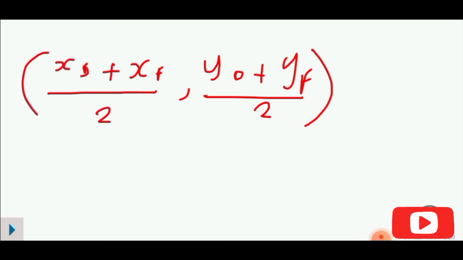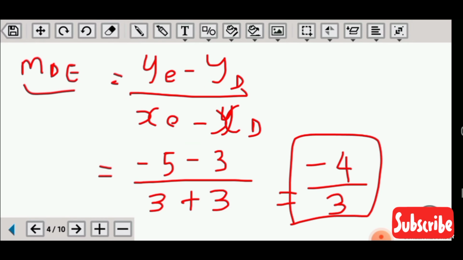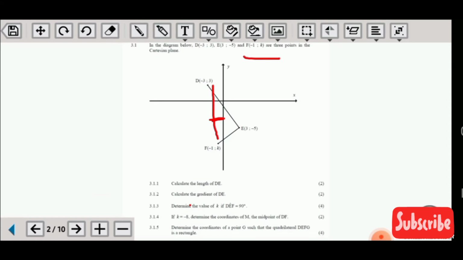So here, let's go find XD. XD is -3 and XF is -1, and YD is 3 and YF is 8. It's -8, which we solved here.